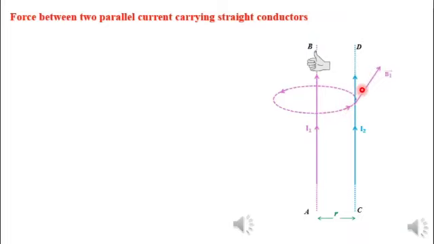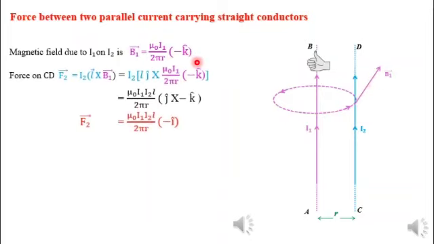and it is B1 equals mu 0 I1 divided by 2 pi r into minus k cap. So, force on CD is F2 equals I2 into L cross B1.